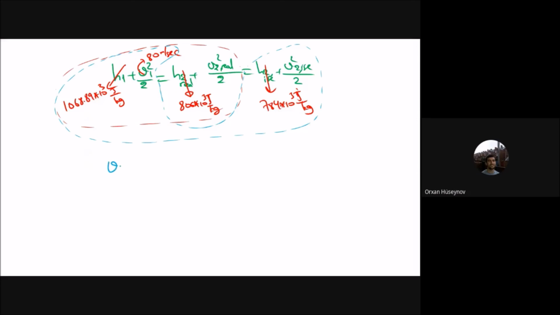V2 real will be equal to 728 meters per second. And the V2 isentropic will be equal to 759 meters per second. You can see it is higher because here you have the friction. Okay, this is the result.